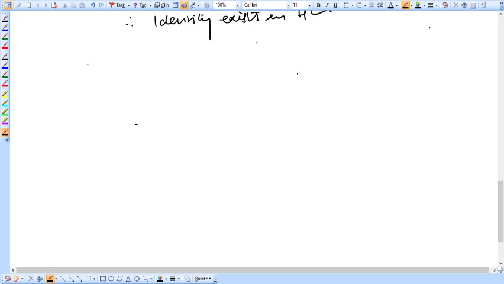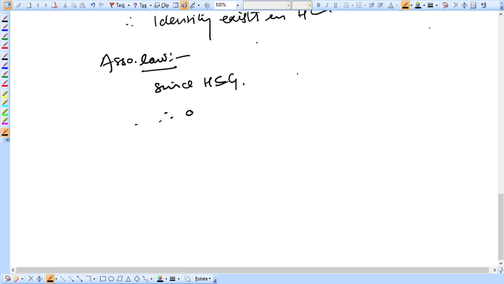For associative law, how are we going to prove this? It is pretty simple. Since H is a subset of G, all the elements of H are also elements of G. All the elements of G obey the associative law because G is a group.